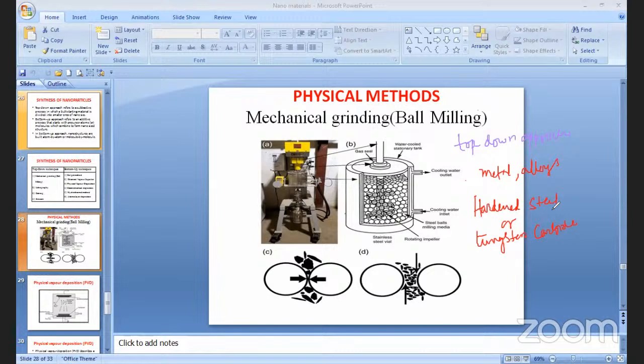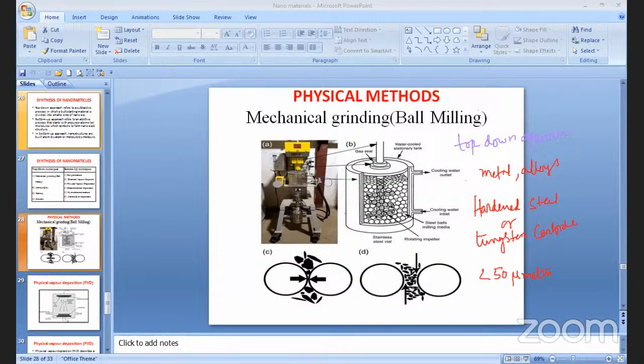These different sizes of balls are put into containers, depending upon the required quantity. Generally, powder or flakes of less than 50 micrometers of different materials are put into this container.